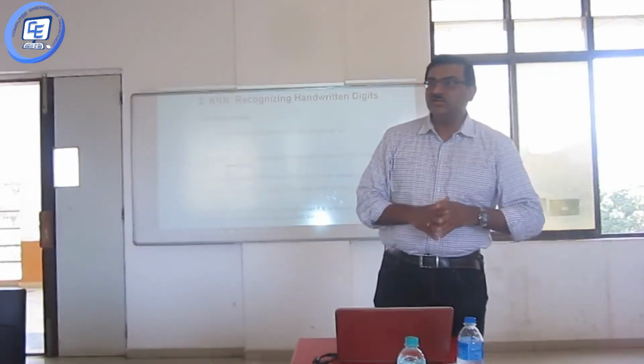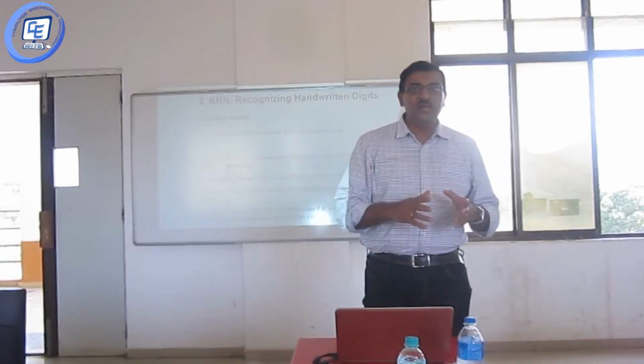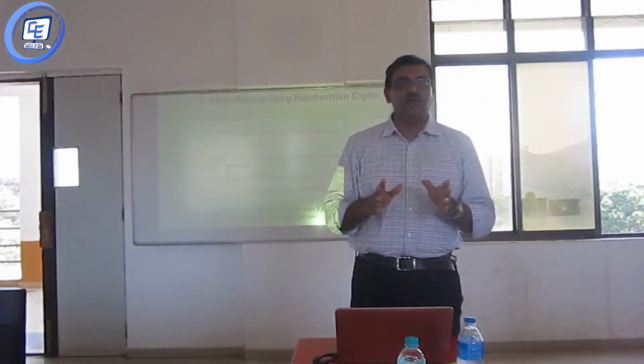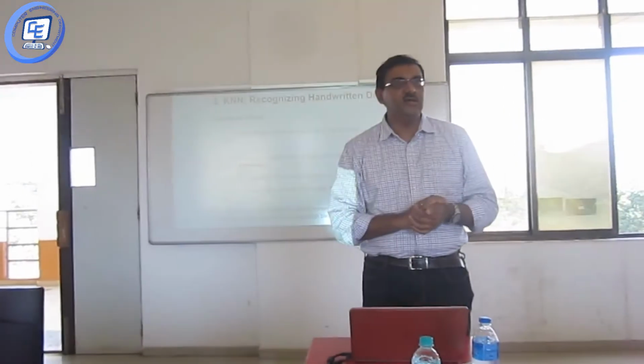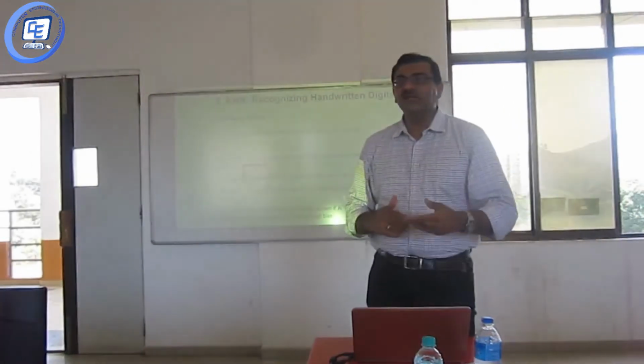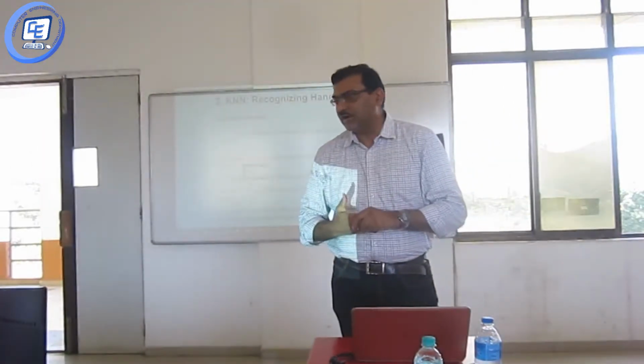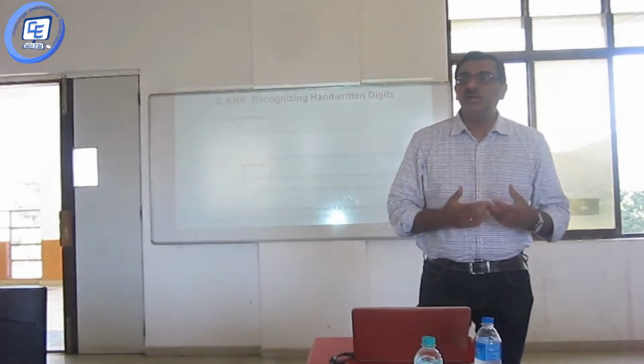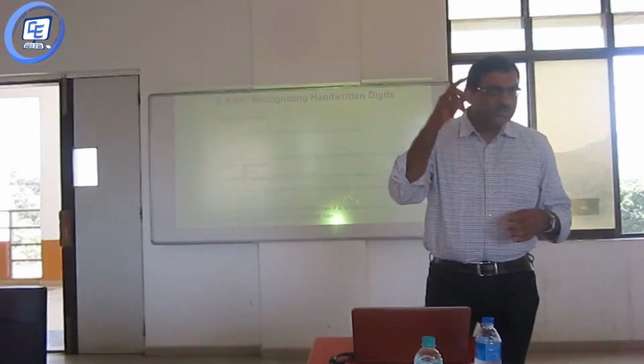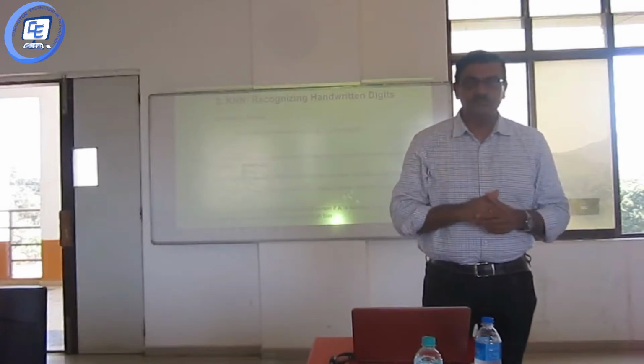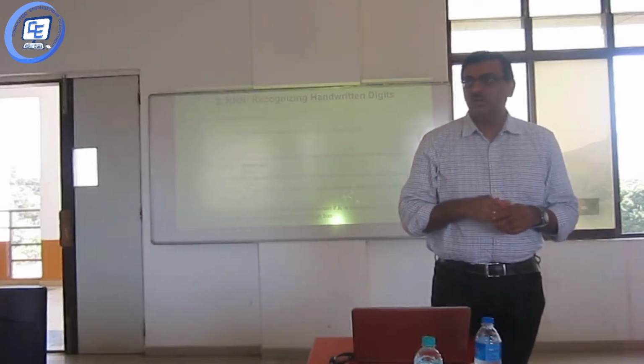K nearest neighbors is actually not a learning algorithm, it is called a lazy algorithm. What is this lazy algorithm? In the previous example of logistic regression, what was being learned?